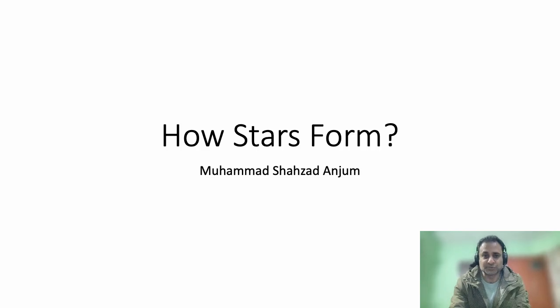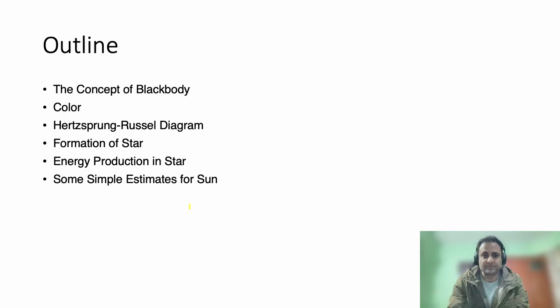Okay, so this discussion is all about how stars form. We'll briefly discuss the concept of a black body and how this black body is related with the concept of color.